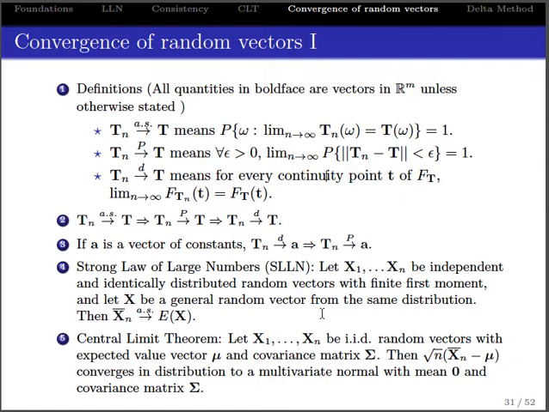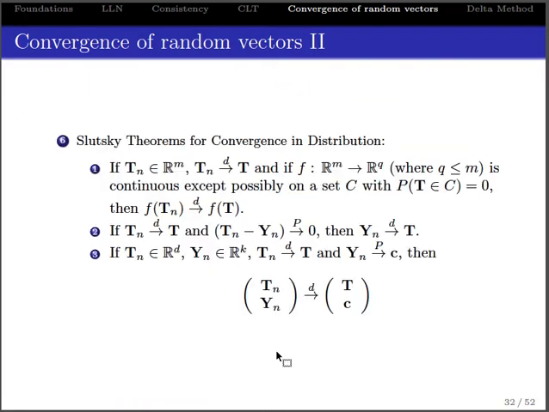You've got the strong law of large numbers. x1 through xn are now each m-dimensional random vectors, and they've got a finite first moment, and x is a general random variable from the same distribution. Then x bar is also m-dimensional. It's a vector of sample means. It converges almost surely to this. This is a constant, a vector of expected values.